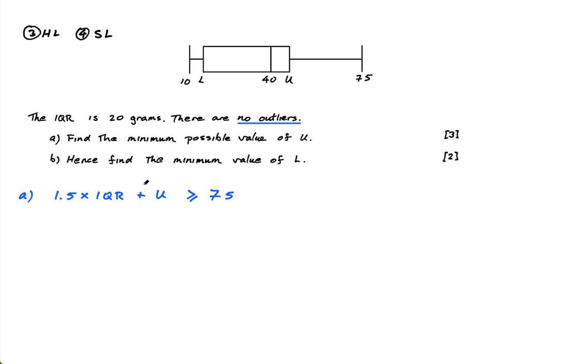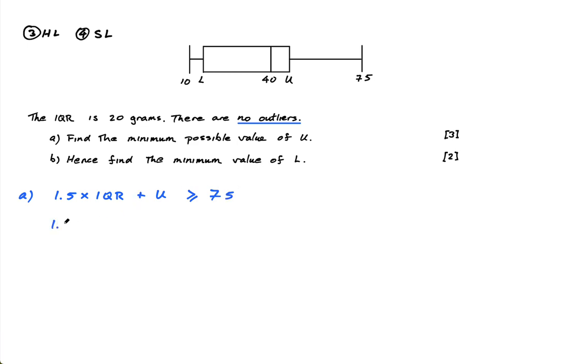So if there's an outlier, it will be bigger than the boundary. But it says there are no outliers, so 75 is not an outlier, so it has to be smaller than the boundary, if that makes sense.